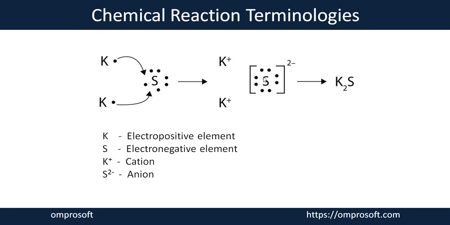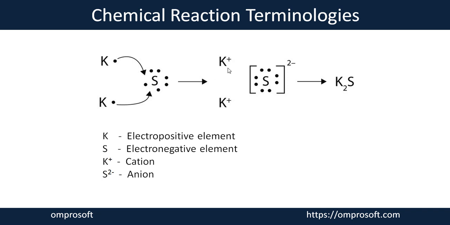So here is how we can derive the terminology about cation, anion, electropositive elements and electronegative elements. You see that potassium K has the ability to lose electrons, so it is considered an electropositive element. Sulfur has the ability to gain electrons, that's why sulfur is considered an electronegative element.